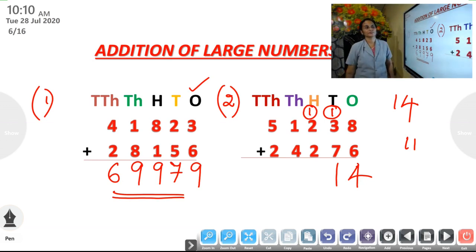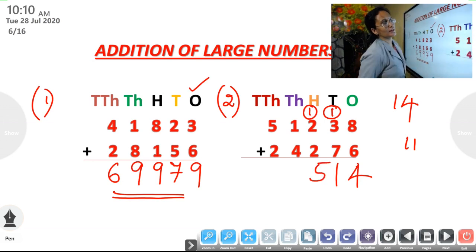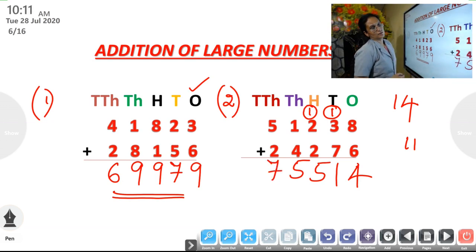Okay. Now add the digits in the hundreds place. 2 plus 2 is 4. 4 plus 1 is 5. Then thousands place. 4 plus 1, 5. No carryover there. Then the 10,000s place. 5 plus 2 is 7. So once again we will do it. 8 plus 6 is 14. You have carryover 1.